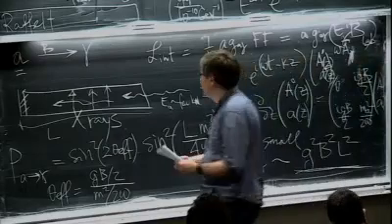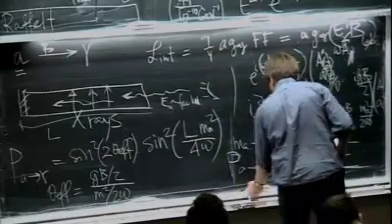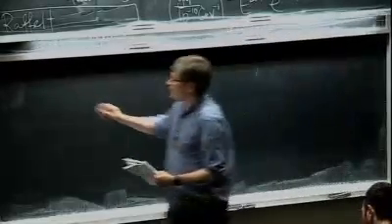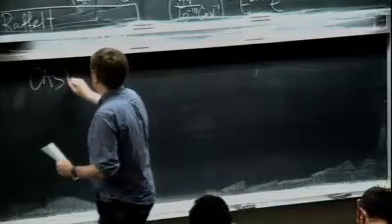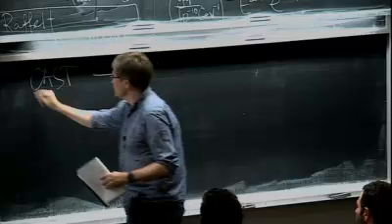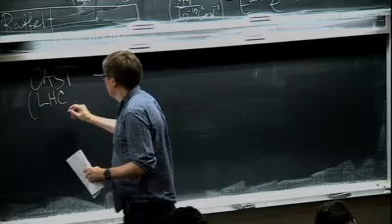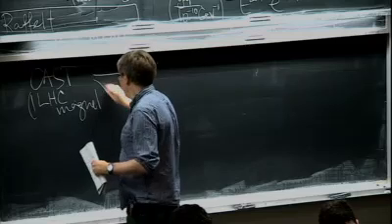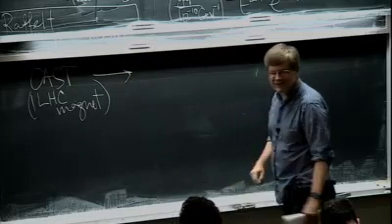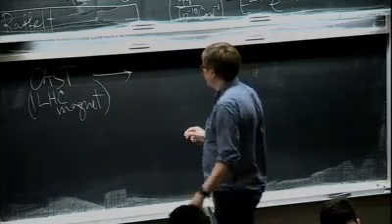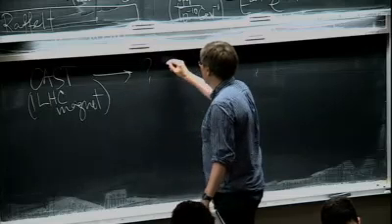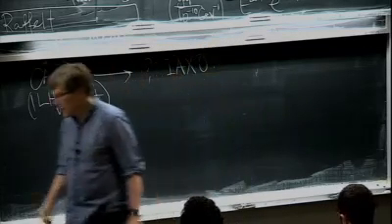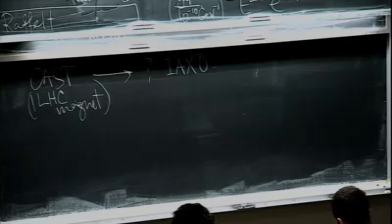The experiments being done in this respect include CAST at CERN, which uses one LHC magnet that was not good for the LHC for some reasons. And then there will be maybe a new experiment called IAXO, which is a much bigger and much more expensive experiment.